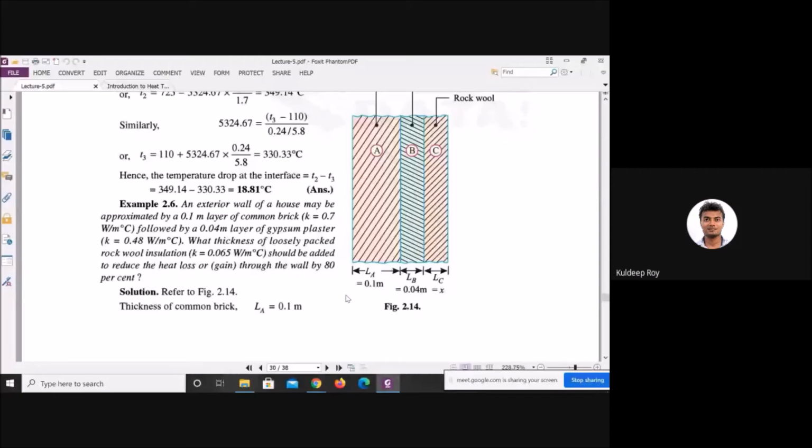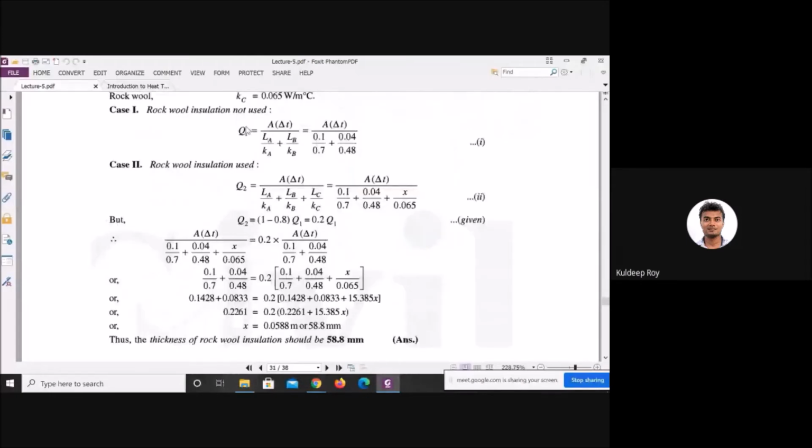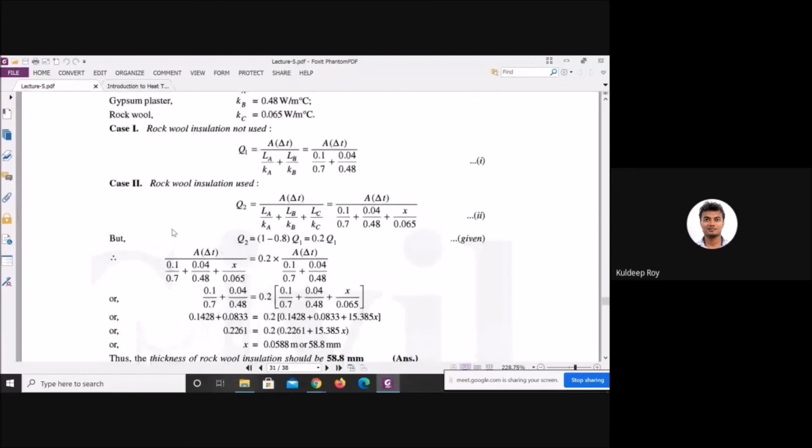First you have to apply for the two bricks, the two walls A and B. Then you have to apply for the whole wall, because you want to reduce by 80%. Then you have to equate this equation, Q2 equal to (1 minus 0.8) multiplied by Q1, because you are going to reduce about 80% of the heat from the surface. Just put all the values and you will get the value of X. Just solve this problem. Have you got my question? Yes or no?